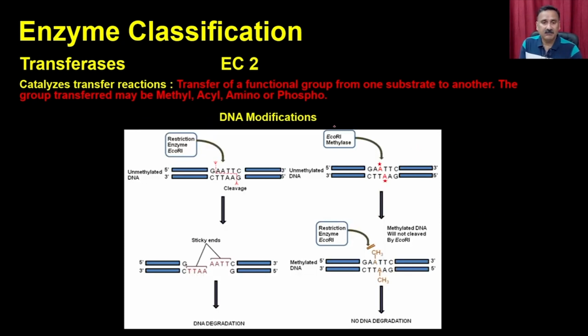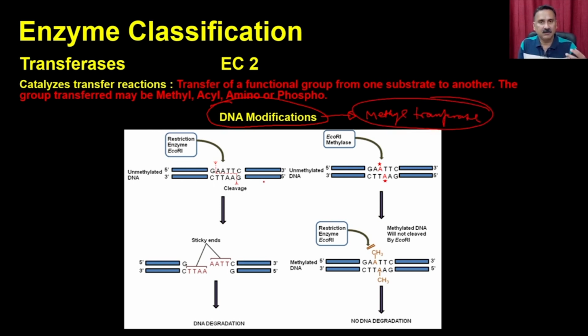Then we have the DNA modifications, and the DNA modification is also catalyzed. In this case, for example, we are talking about the methyltransferases, right? If you have methylated DNA, that has a very high significance in terms of allowing the restriction enzymes to recognize self versus non-self.